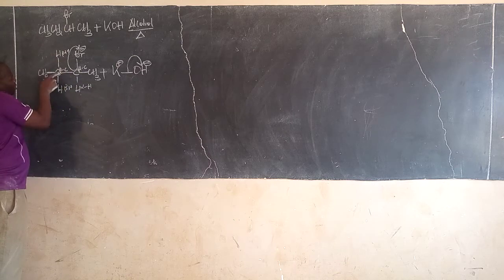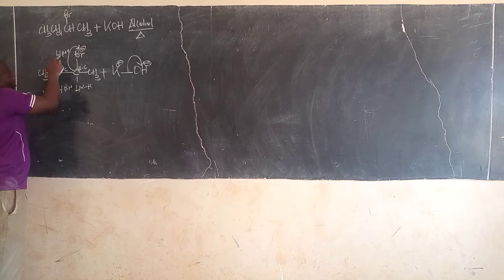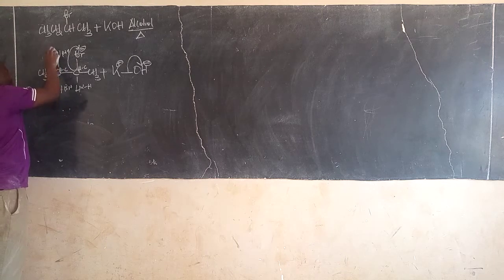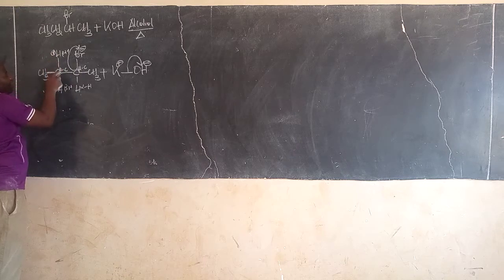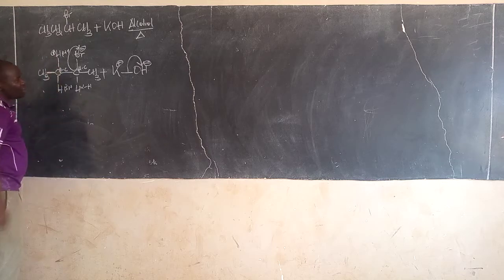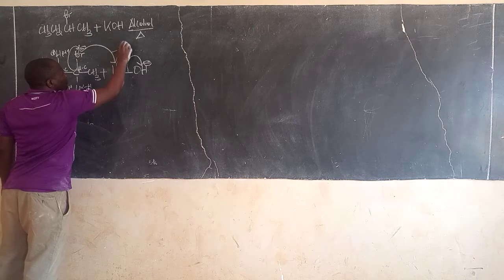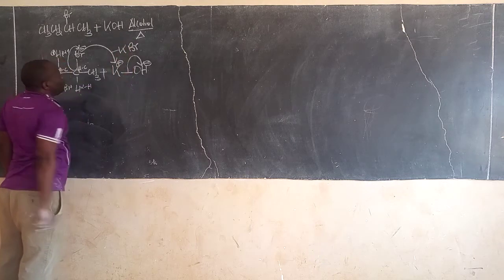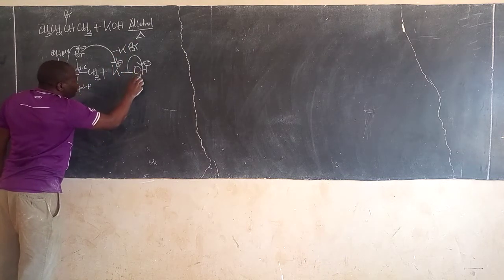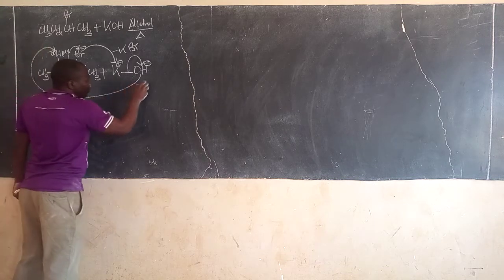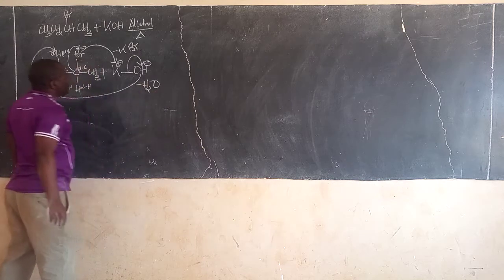So long as electrons have been removed from this carbon, this hydrogen, whether this or this one, will become highly positive polarized and loosely held to this carbon. Then this bromide will combine with potassium to form potassium bromide. This hydroxyl group will come directly to combine with hydrogen to form water.